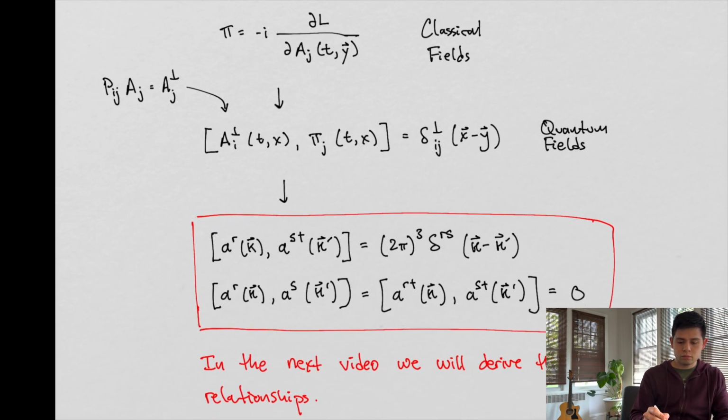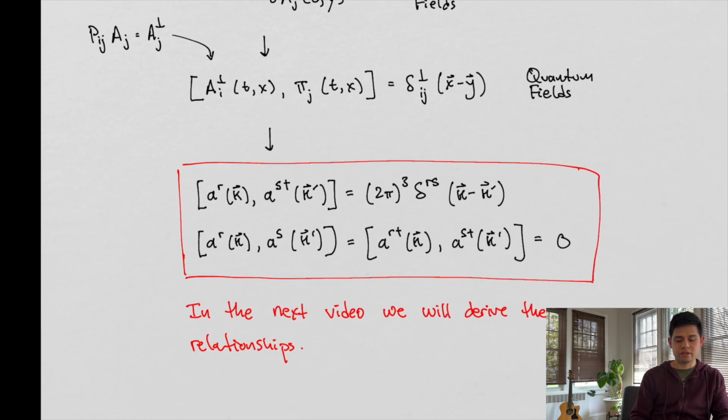And with this relationship, what we're going to be able to do now is get our creation and annihilation operators, right? And so this is going to be the content of our next video, where we're going to derive these. We're going to have to use the completeness relationship.